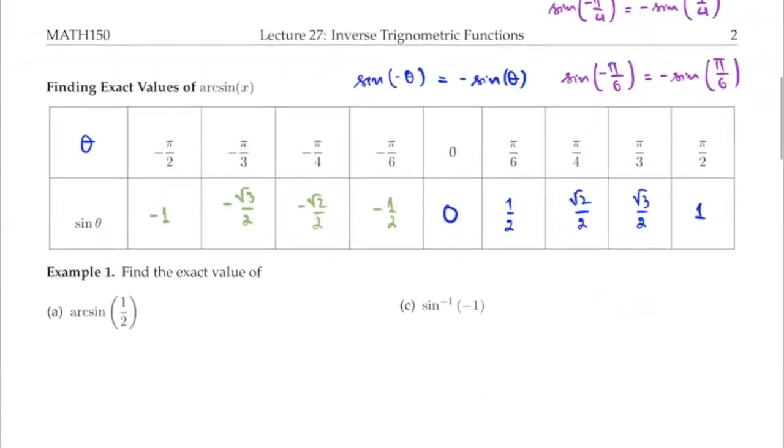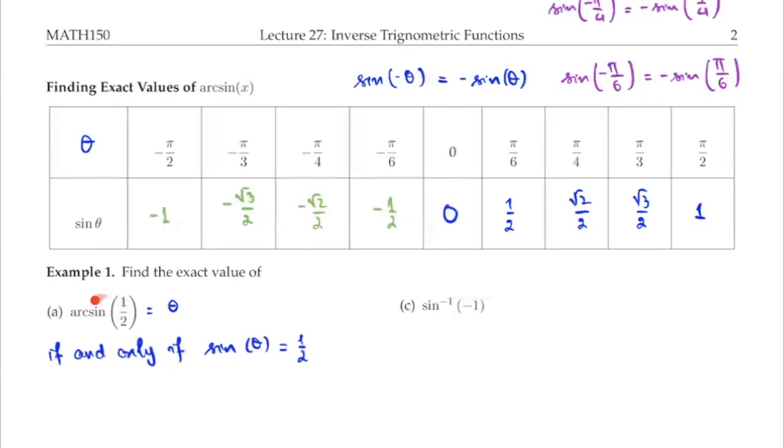Okay. So in example 1, you want to find the exact value of arc sine of 1/2. How could you find that? There's a certain procedure that I'm going to follow, not only for the inverse sine function, but also for the inverse cosine and inverse tangent functions. So for arc sine of 1/2, you're looking for an angle theta if and only if sine of theta is equal to 1/2.